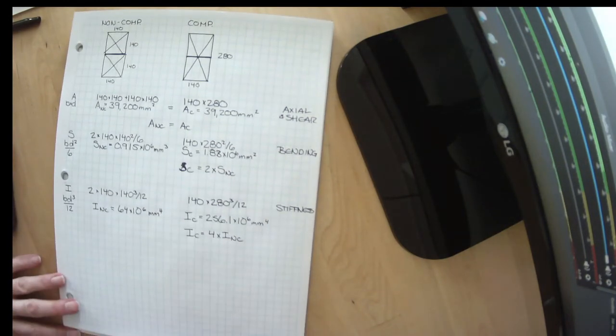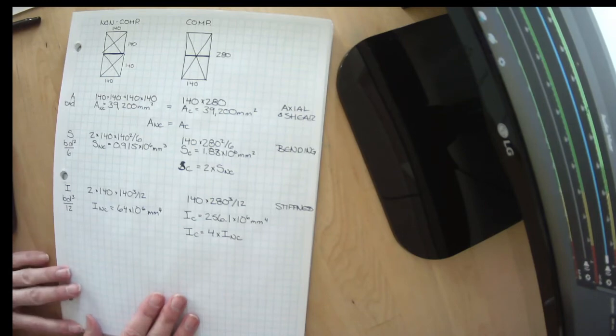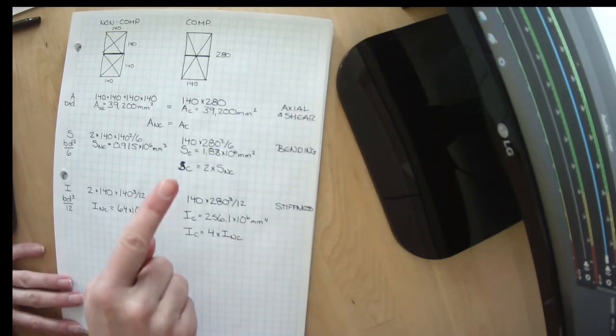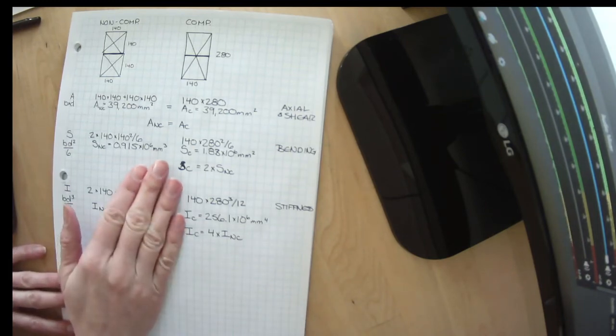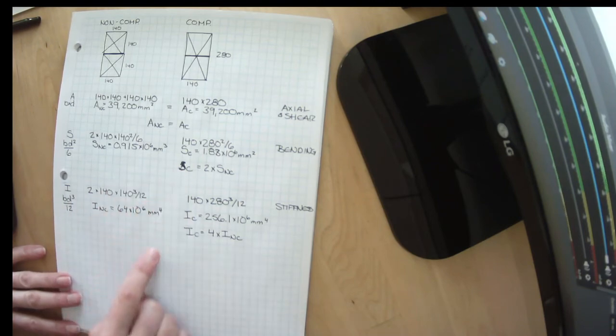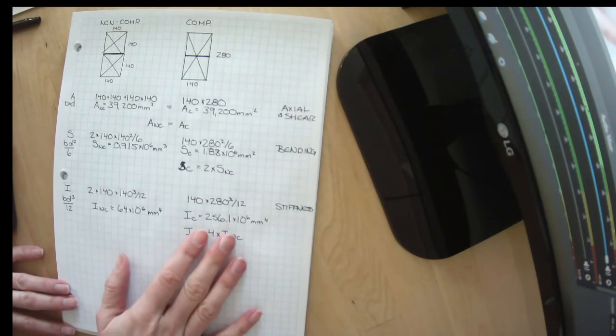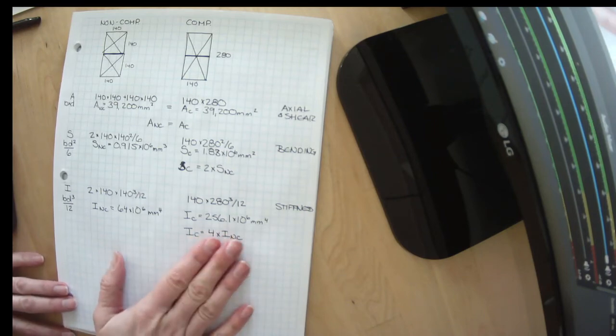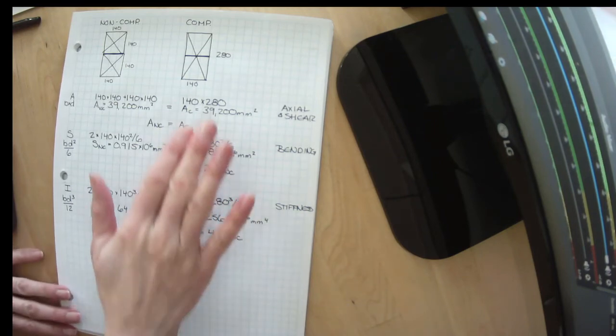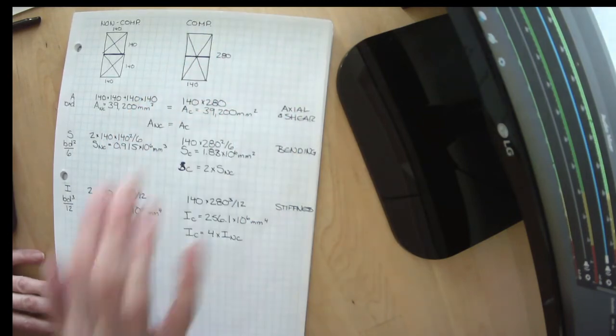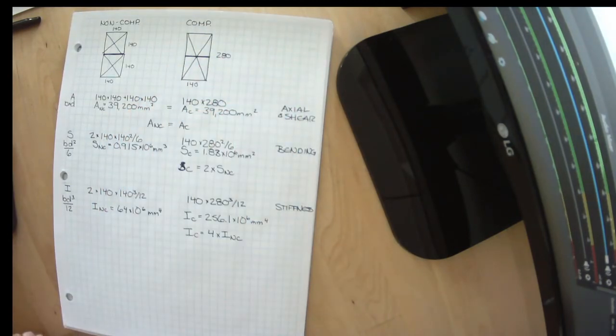The big takeaway I want you to see here is that making it composite for bending helps us with strength and it helps us with stiffness. It has a huge impact on our design. So by making something composite, we're effectively making it deeper, which we learned previously had a really big impact on our design techniques.